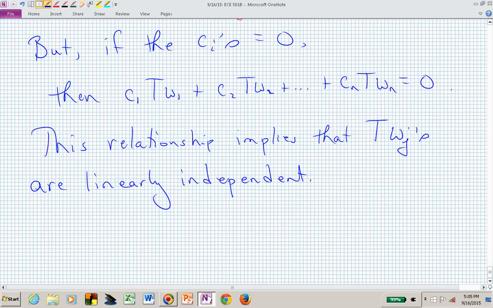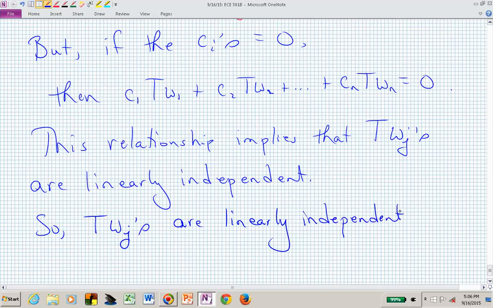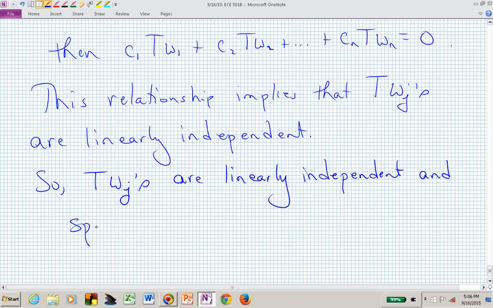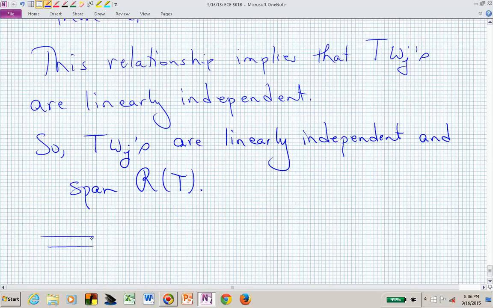Now, all of these TWJs are linearly independent, and they in fact span the range of T. That's the definition of a set of basis vectors.